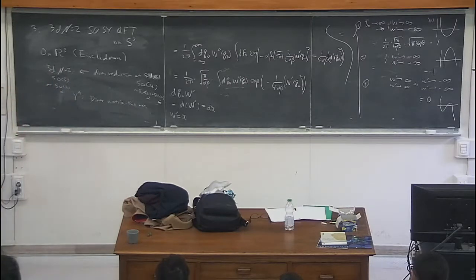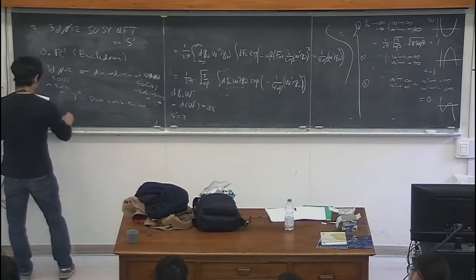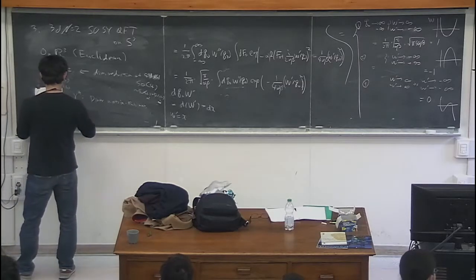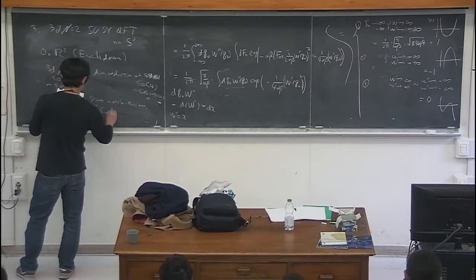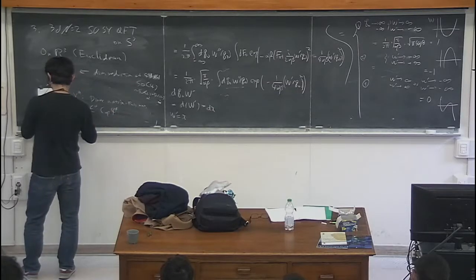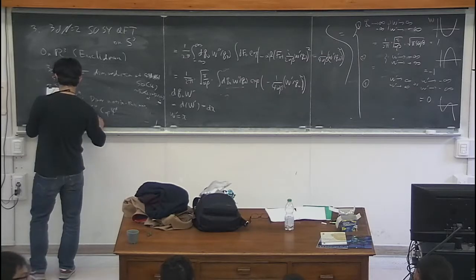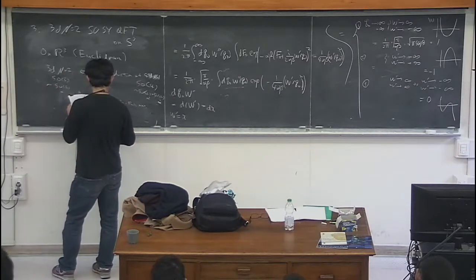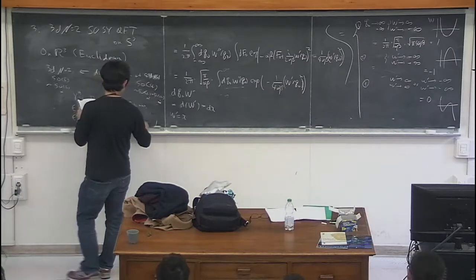The Pauli matrices satisfy the Euclidean Dirac matrix relation. And we use this notation for the spinor indices.